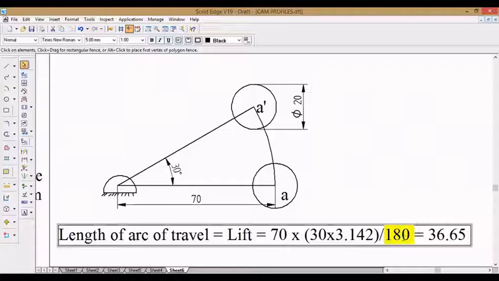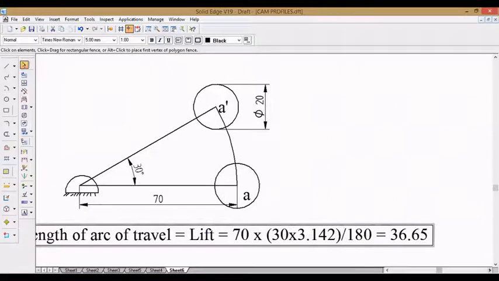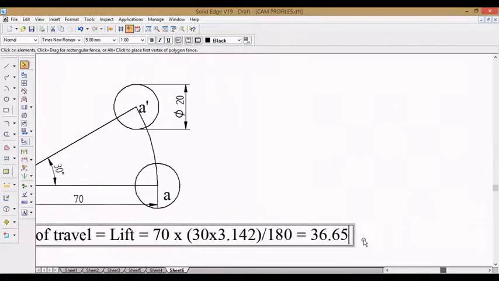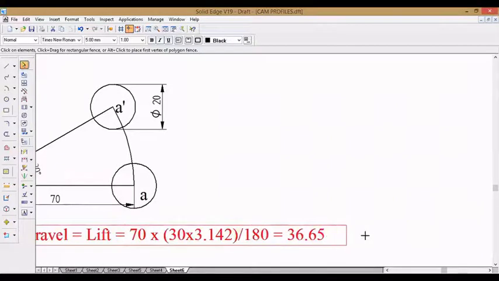So if you multiply by pi divided by 180, it gives you radians. Once you perform this operation, radius multiplied by angle subtended, we will get the length of arc of travel in terms of millimeter. So 36.65 is the value we are getting as a lift.